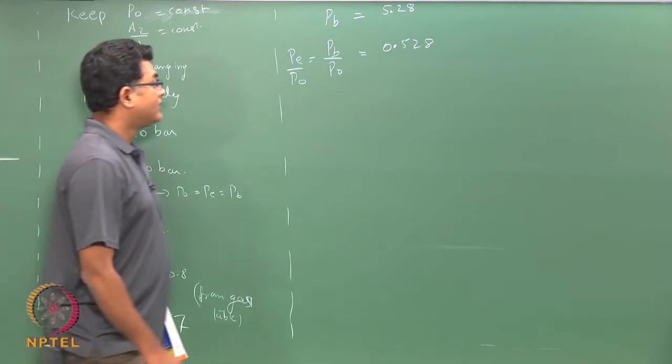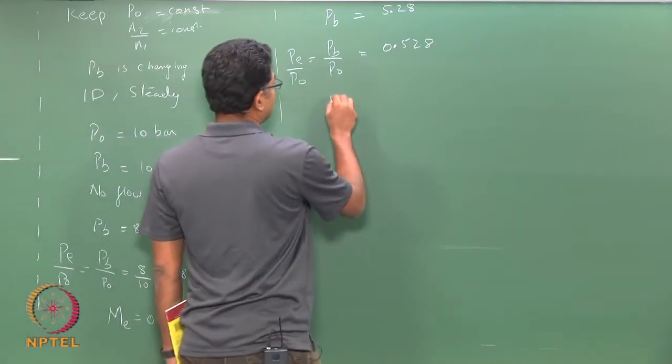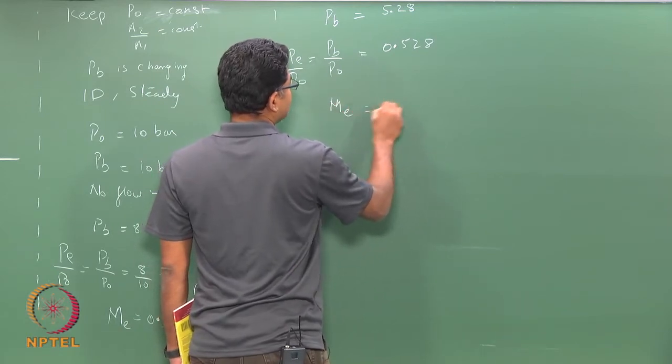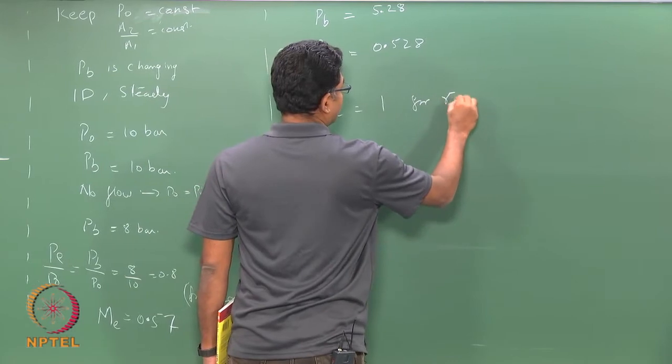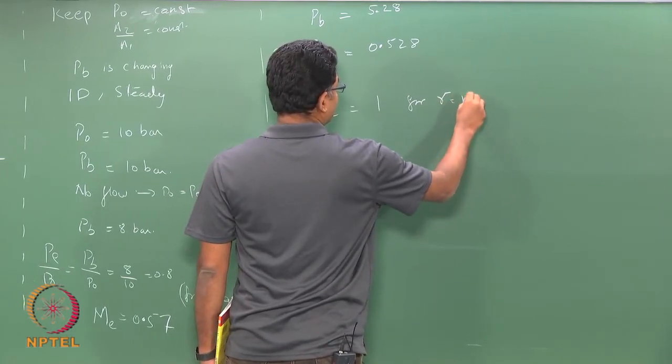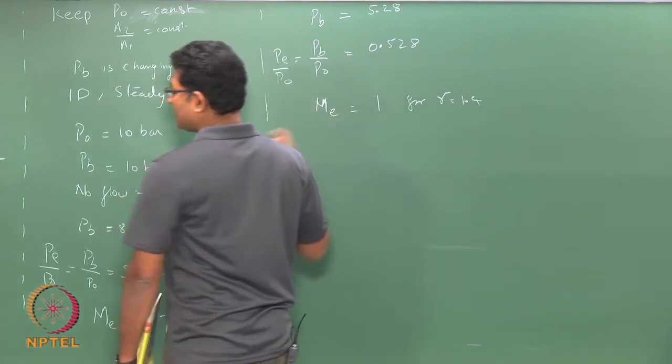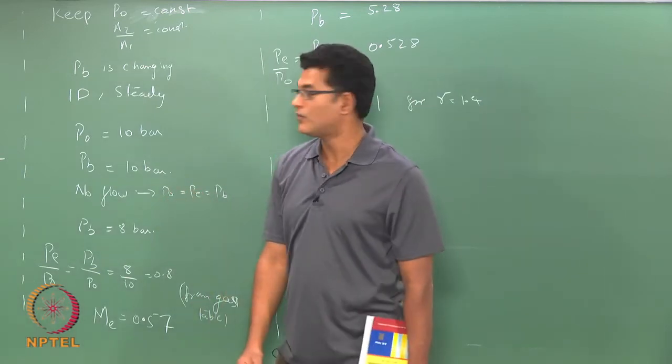At this pressure, my Mach number at the exit is going to be 1 for gamma equals 1.4. So, if I have this pressure ratio, my Mach number at the exit is going to be 1.